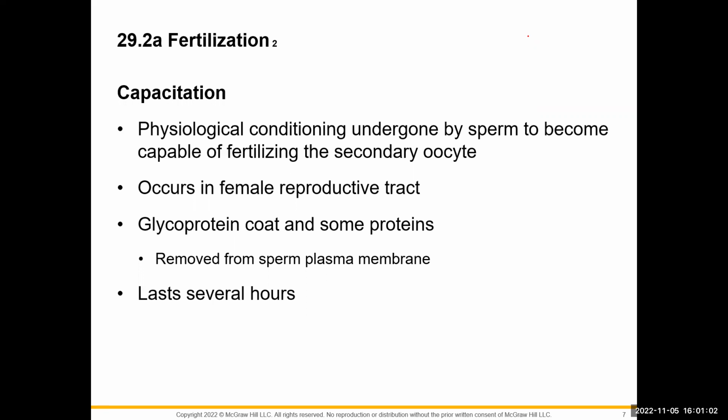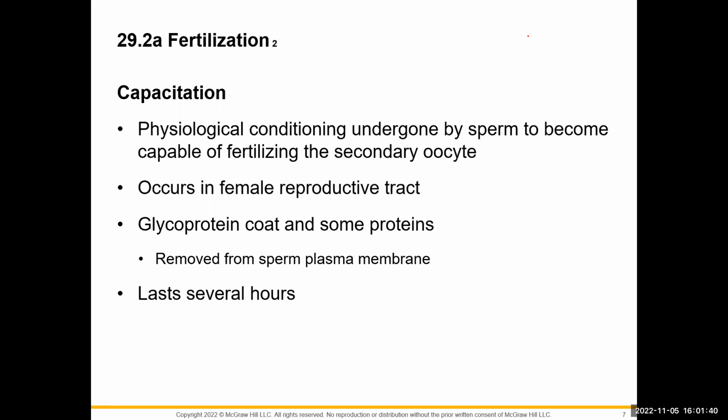On the outer portion of the sperm, they have to peel away some layers, because when the sperm have the opportunity to penetrate the secondary oocyte, they need to be able to release the nucleus of the sperm. Almost like an onion, we have to peel the layers away. The coating on the sperm is a glycoprotein coat, with the addition of some proteins that help provide that covering, and we have to remove some of that.